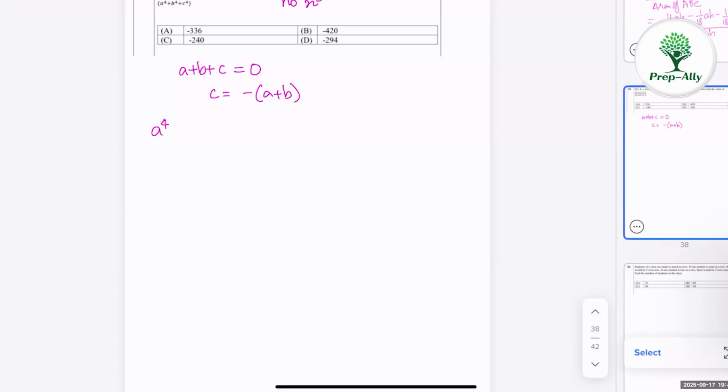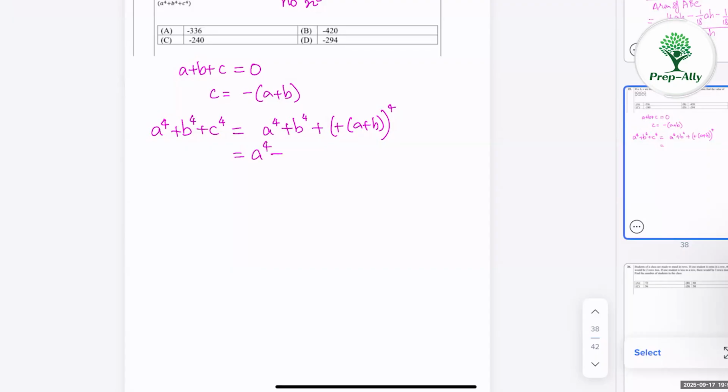So a power 4 plus b power 4 plus c power 4 is equal to a power 4 plus b power 4 plus minus of a plus b whole power 4, right? Which is nothing but a plus b whole power 4. So let's expand this.